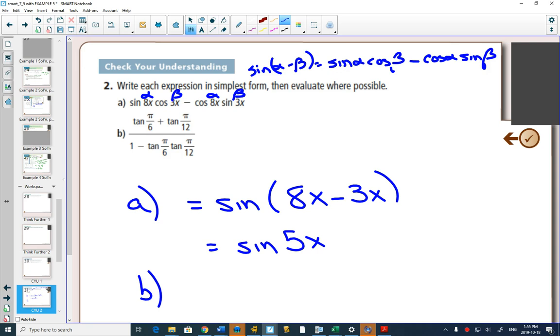Do I have a tan formula that's tan plus tan over 1 minus tan tan? It's kind of fun to say that way. Yes, tan alpha plus beta. So if I write it off to the side here, tan alpha plus beta is tan alpha plus tan beta over 1 minus tan tan.